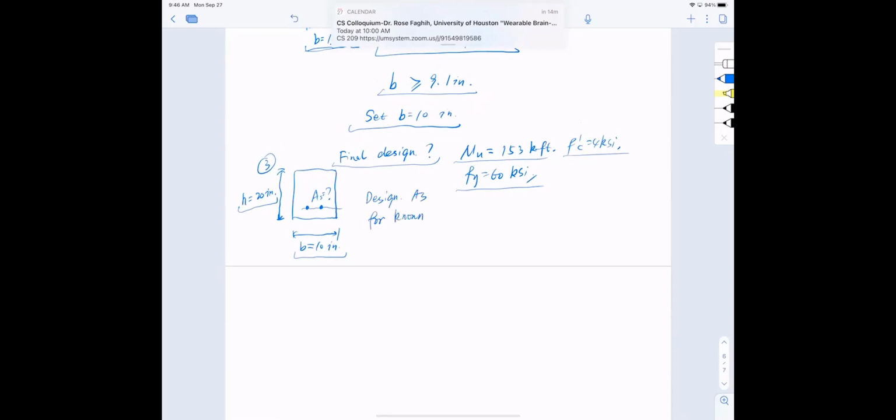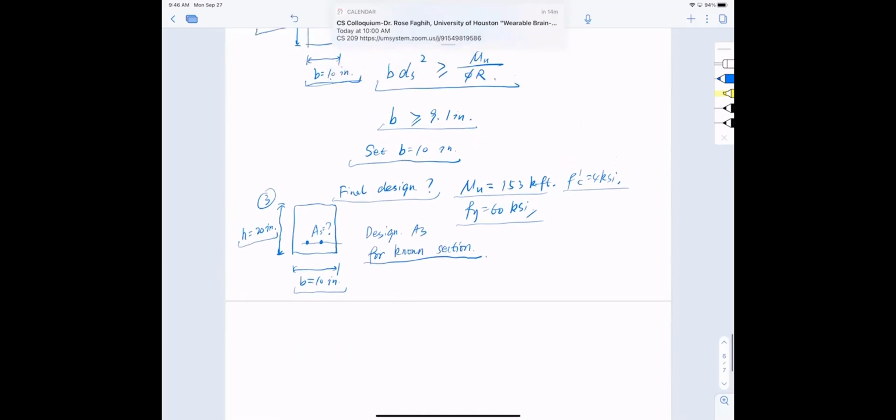Is that right? Yeah. We talked about this last week, right? Yes. So that's what it is. Now the rest of the problem should be easy. This is designing the reinforcement for a known section, giving you Mu and everything.